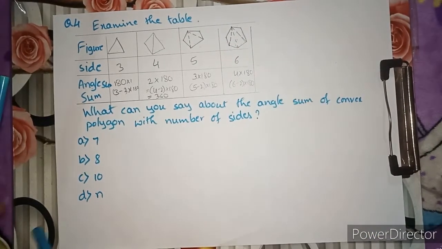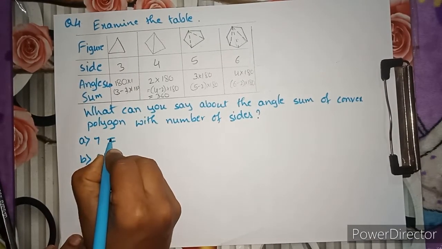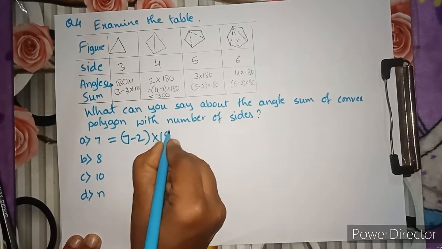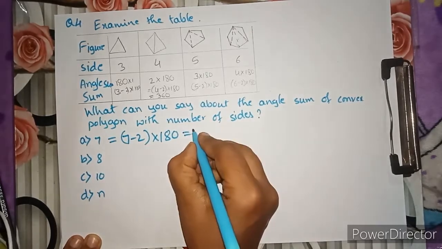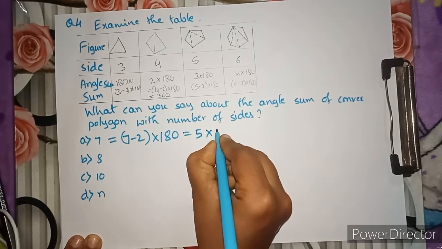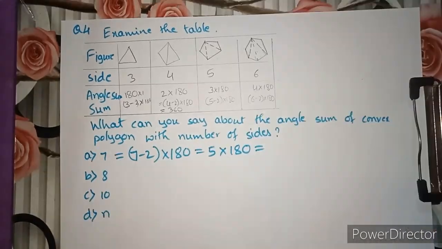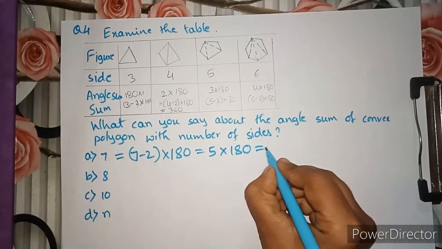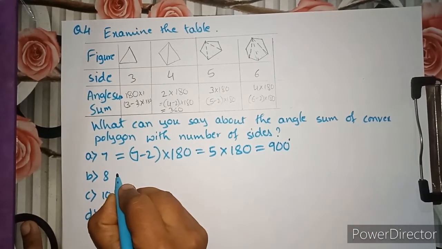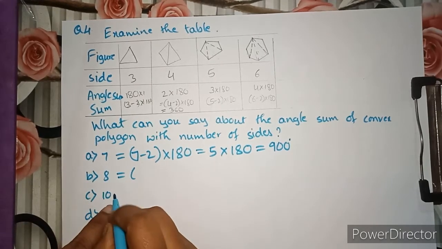In the same way, if we have a 7-sided polygon, means 7 minus 2 into 180. 7 minus 2 is 5. 5 into 180 is 900 degrees. Okay, in the same way, next, 8-sided polygon.